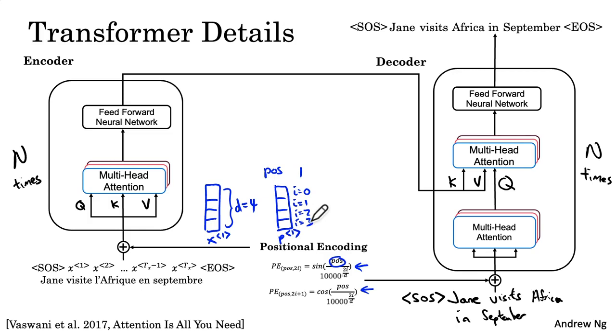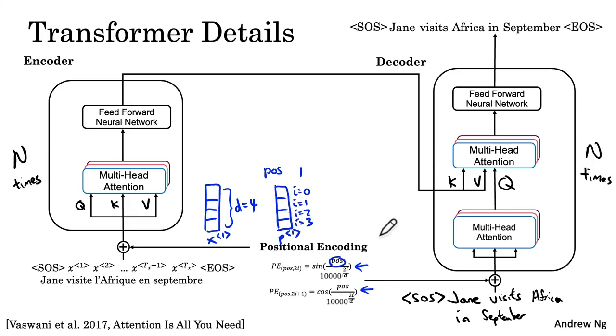So these are the variables pos and i that go into these equations down below, where pos is the position of a word, i goes from 0 to 3, and d is equal to 4, the dimension of this vector. And what the position encoding does with the sine and cosine is create a unique positional encoding vector, one of these vectors that is unique for each word.